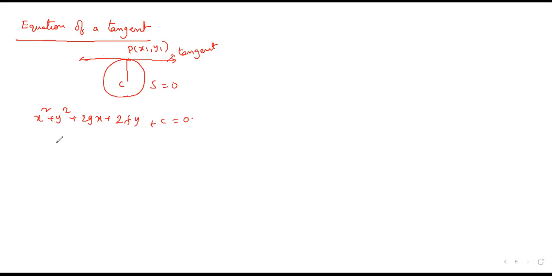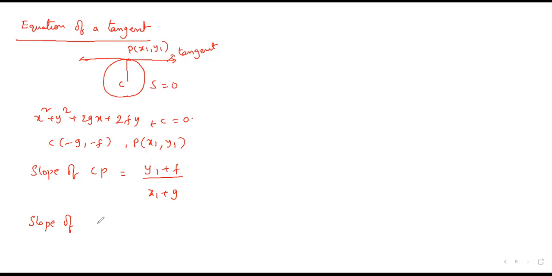For this circle, the center is (minus g, minus f) and the given point is (x1, y1). So the slope of CP is (y1 plus f) by (x1 plus g). This is the slope of CP, but the slope of the tangent is the perpendicular slope, so slope of tangent equals minus 1 by m, which is minus of (x1 plus g) by (y1 plus f).